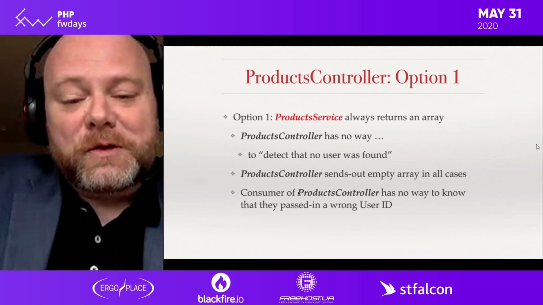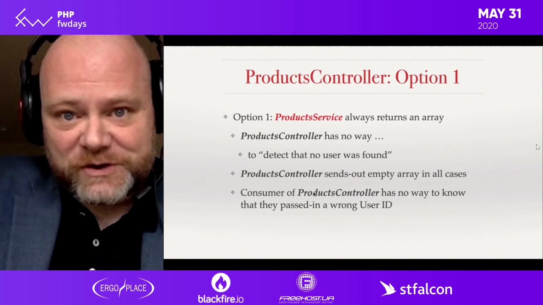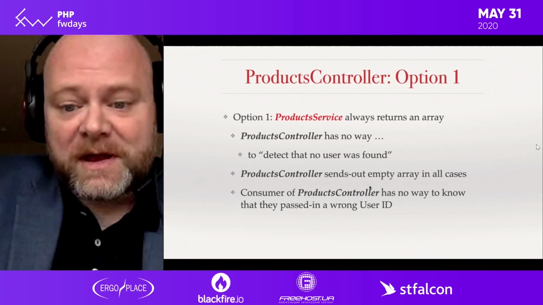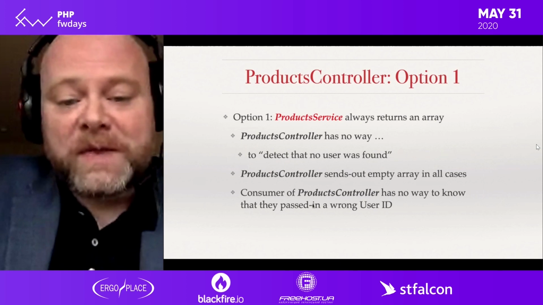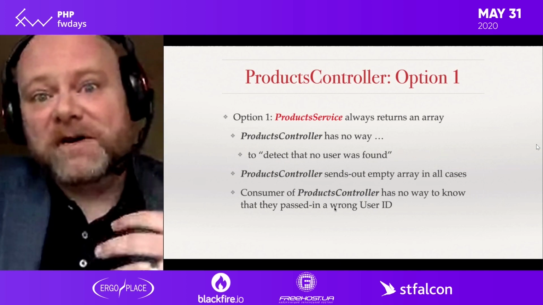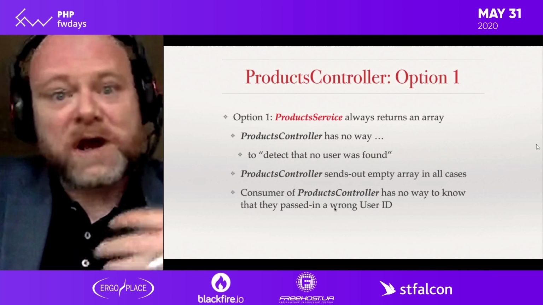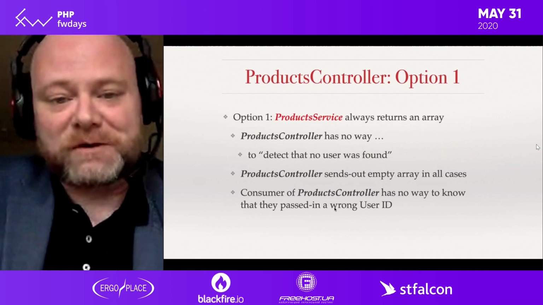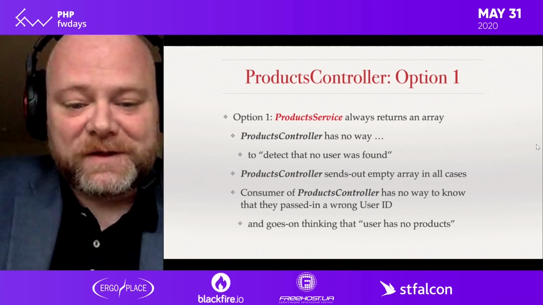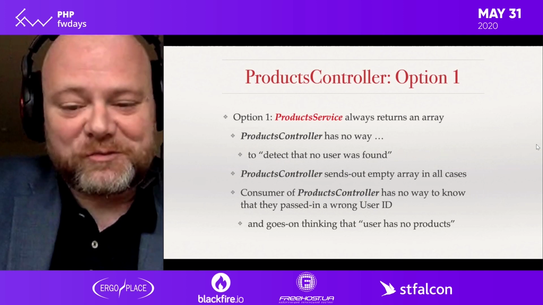So now the consumer of products controller, which could be somebody talking to your API, has no way to know that they gave us the wrong user ID. We're not telling them that they gave us the wrong user ID. And so they go on thinking that the user has no products.